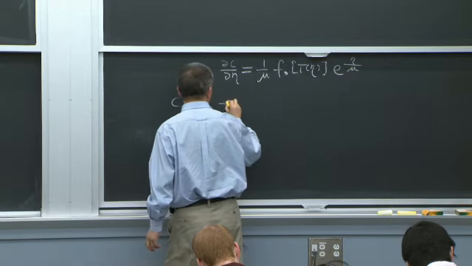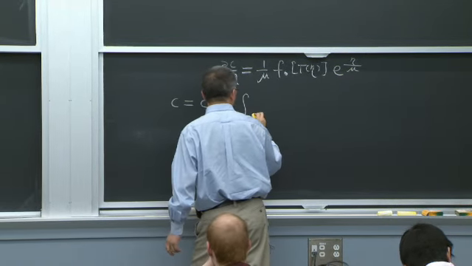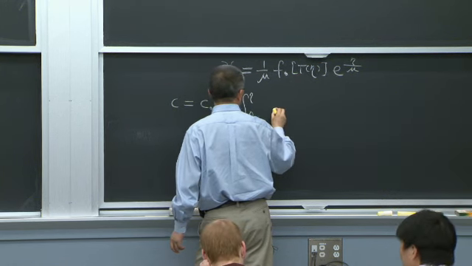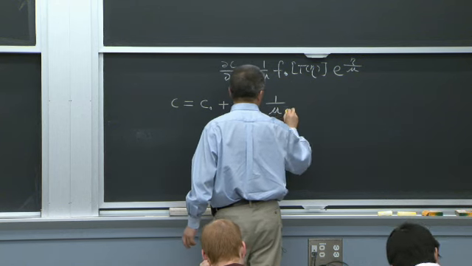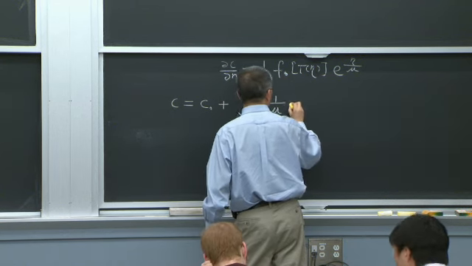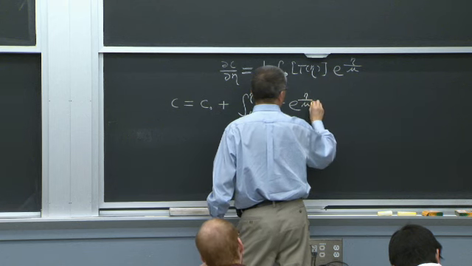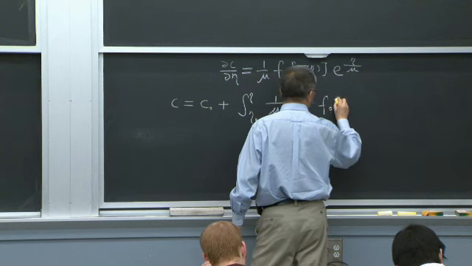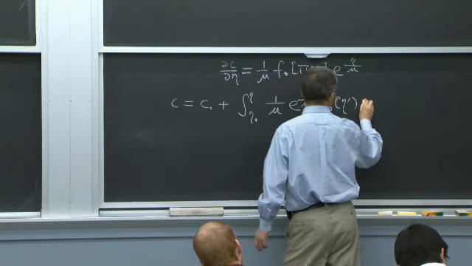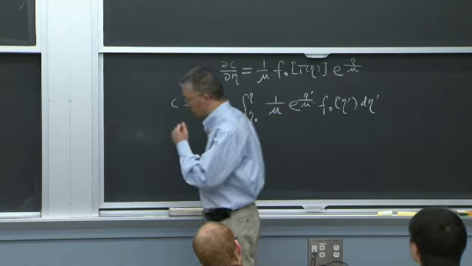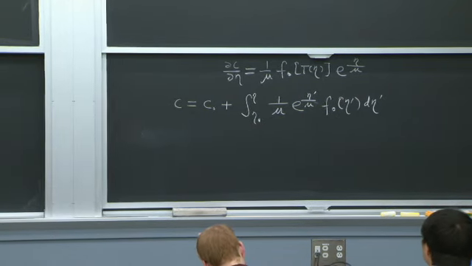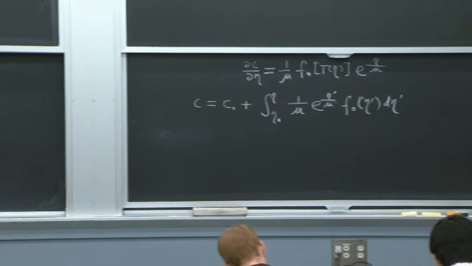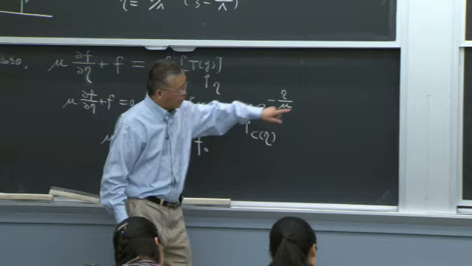That depends on where I start. So this is my eta 0 to eta, 1 over mu exponential eta prime over mu, and the f0 of eta prime, d eta prime. So this is my solution for this constant, which is now no longer constant, it is a function of eta, and that's my solution.